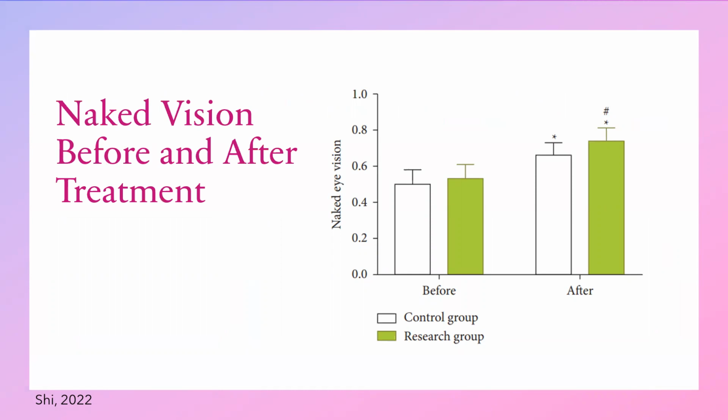We can see before treatment, there is no significant difference in naked vision between the control and the research groups. However, after the experiment, you can see a significant increase in the naked vision of both groups, with the research group having more improvement than the control group.